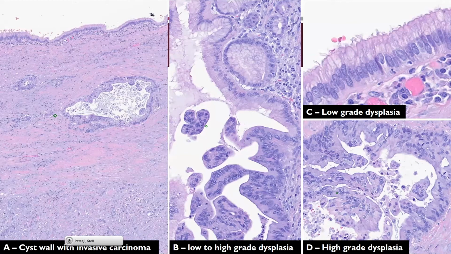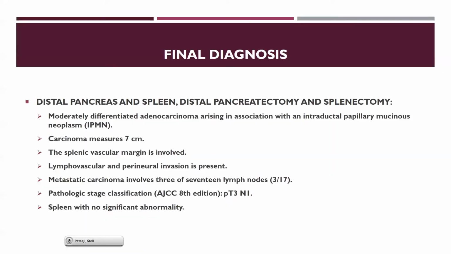B shows a nice transition from top low-grade to high-grade dysplasia, and C showing a high-power image of the low-grade dysplasia, and D showing a high-power image of a high-grade dysplasia with prominent mitosis on the right upper hand corner. The final diagnosis showed an invasive, moderately differentiated adenocarcinoma arising in association with IPMN.